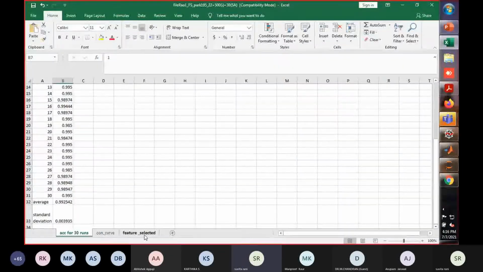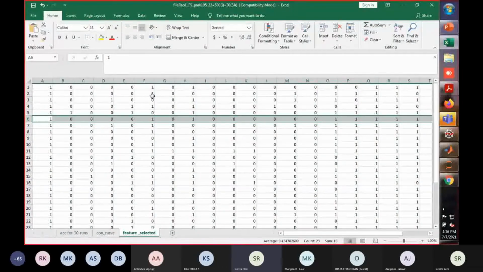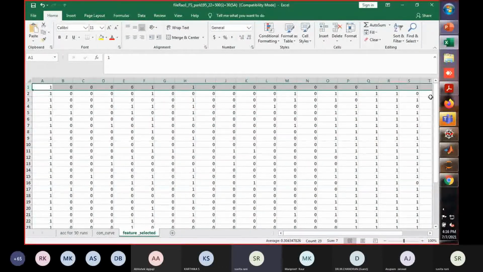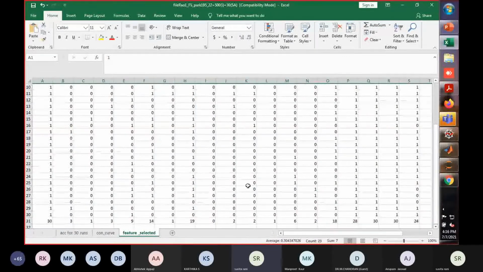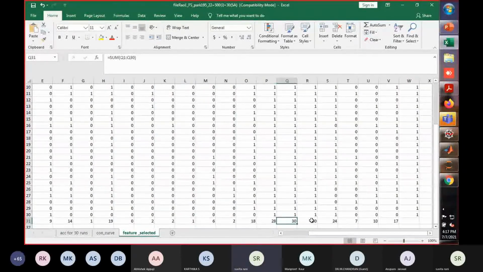Another thing I want to show you: these are basically single vectors which are considered as the best position after each rerun, and these are the values after 30 reruns. Here we take the mean after 30 reruns. Here we see this value is 0, meaning the feature on this ith position, the 9th column, is never selected in the 30 reruns, so this feature is considered an irrelevant feature, or this one, or this one, and these are always selected every time.